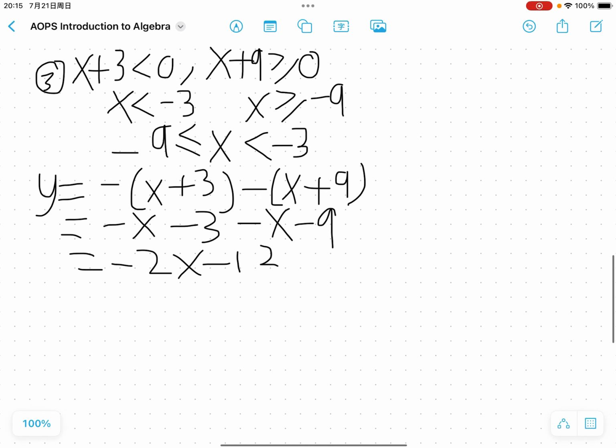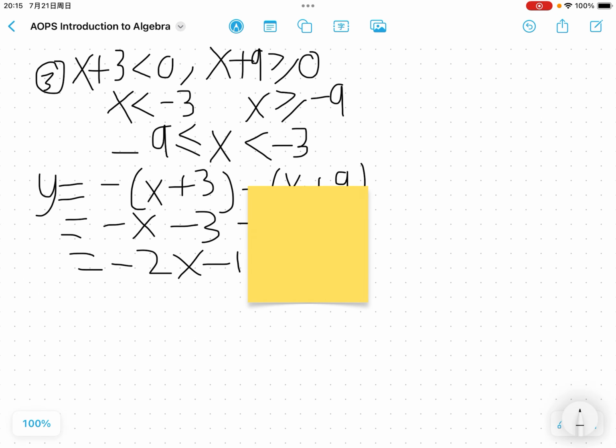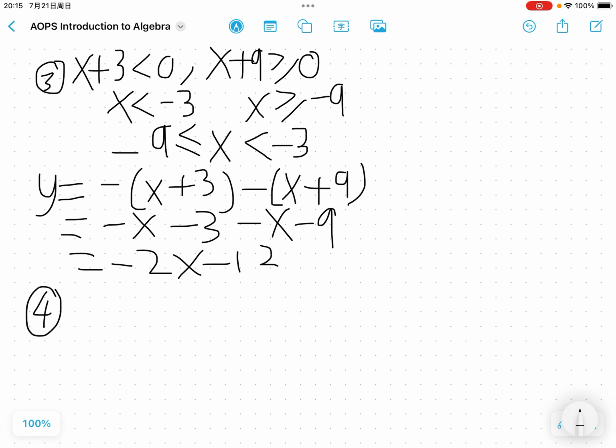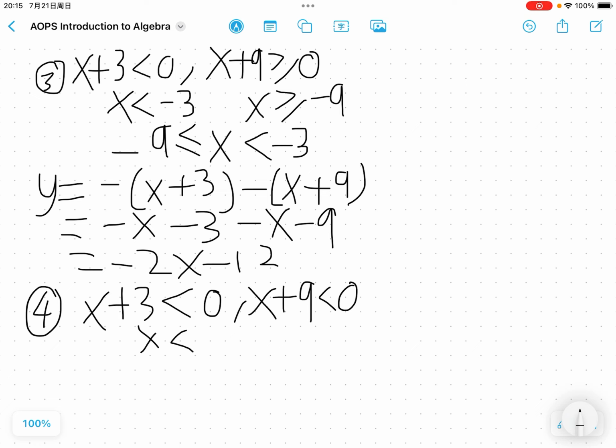Now we have one last case to consider, case 4. So x plus 3 is less than 0, and x plus 9 is also less than 0. In this case, x is less than negative 3, and x is less than negative 9.